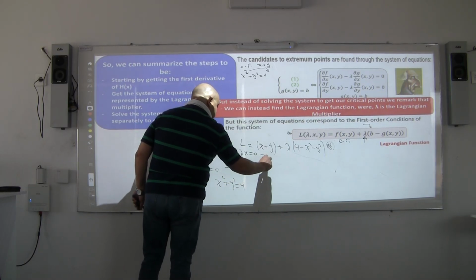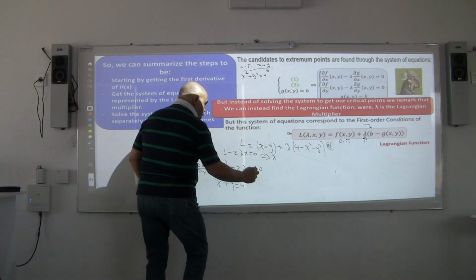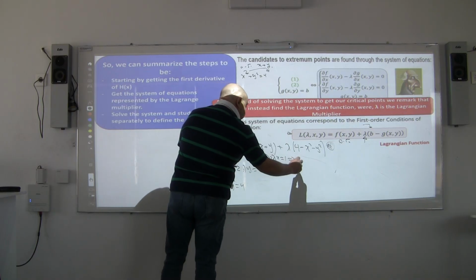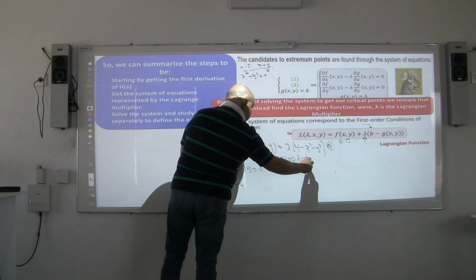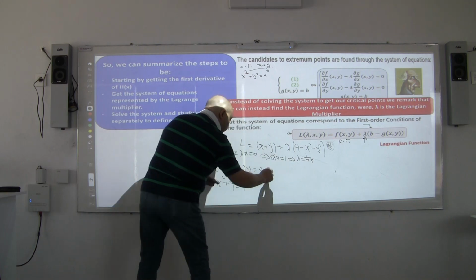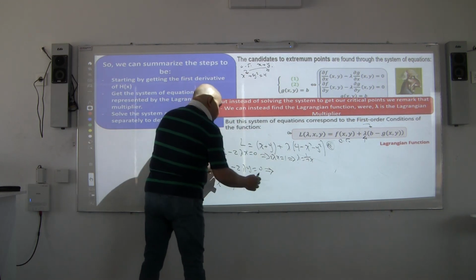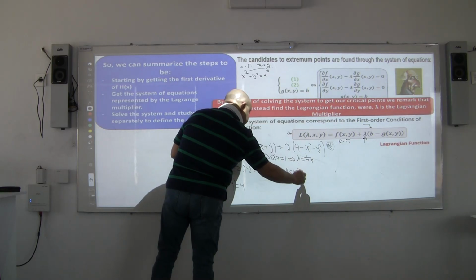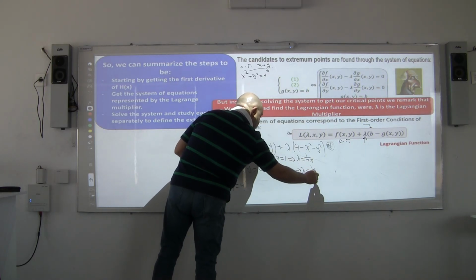From these two, I can get lambda. 2 lambda x equal to 1, which leads to lambda equal to 1 over 2x. Are you with me? The second one is 2 lambda y equal 1, which leads to lambda equal to 1 over 2y.